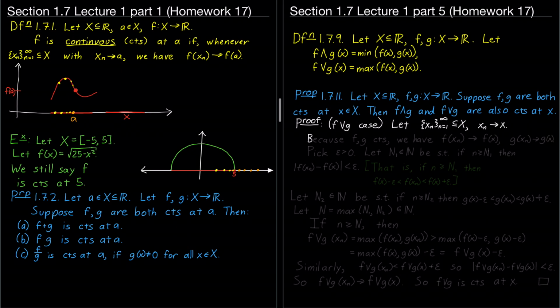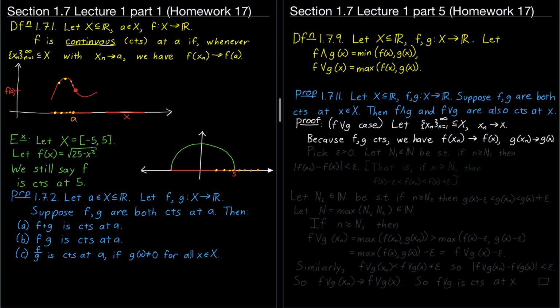And because f and g are continuous, we have that f of x_n is converging to f of x, and also g of x_n is converging to g of x.